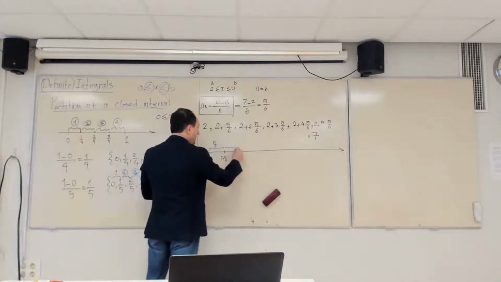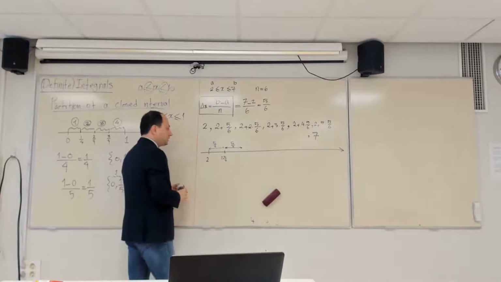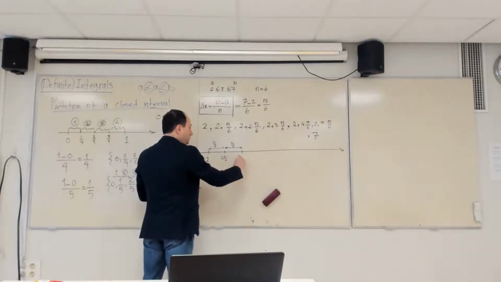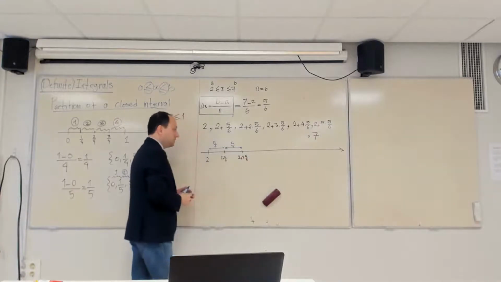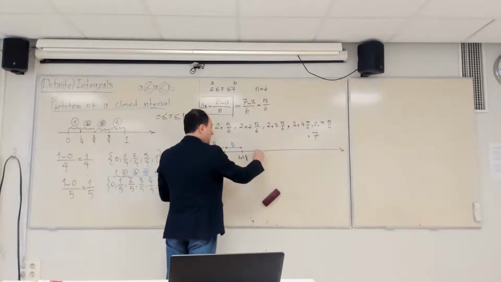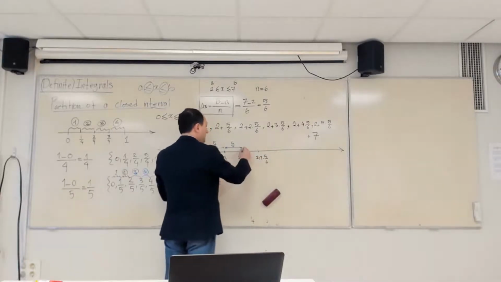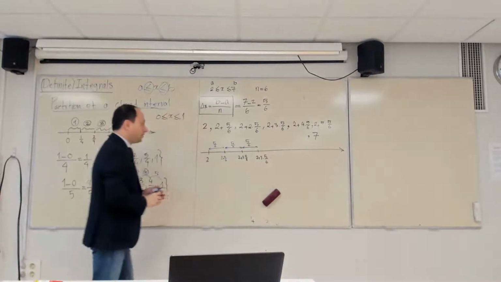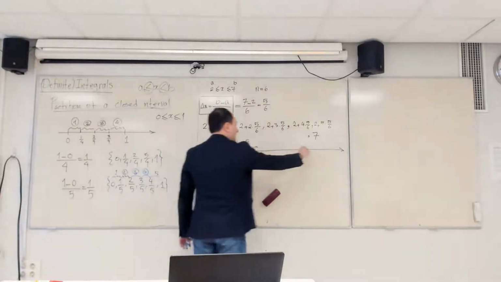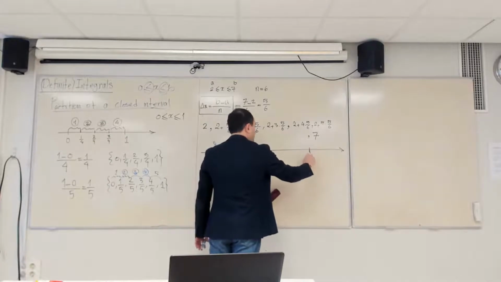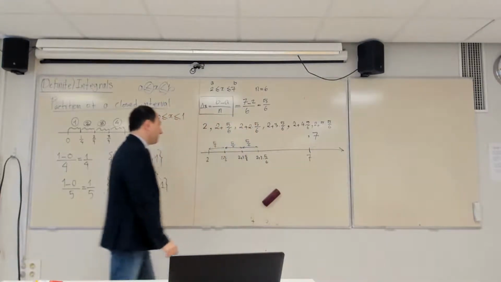Again, I add one more 5 over 6 to it. Then I reach the point which is 2 plus 2 times 5 over 6. And then you can continue, 2 plus 3 times 5 over 6. But the important thing is that I am still adding the same value every time. And if I continue this, I will reach the value 7 at the end.